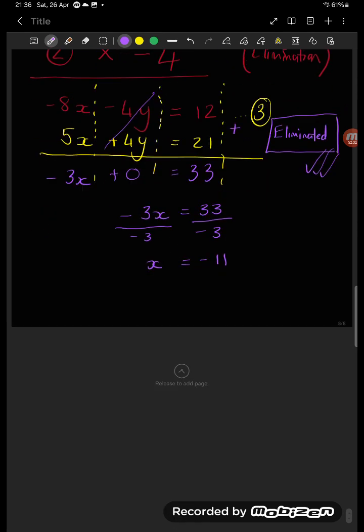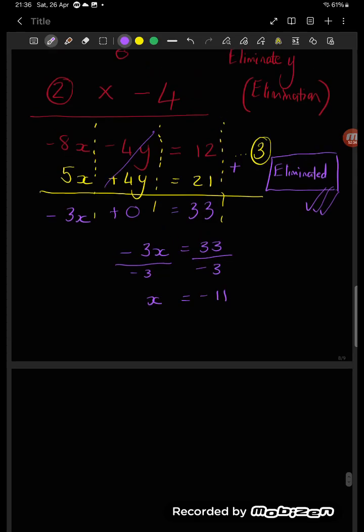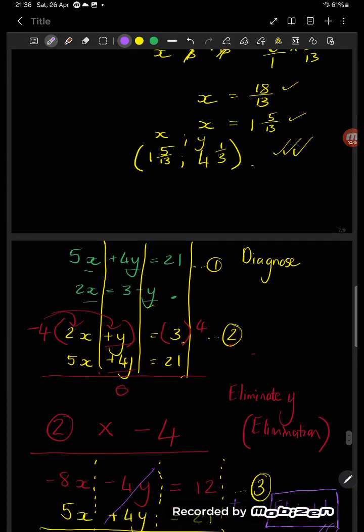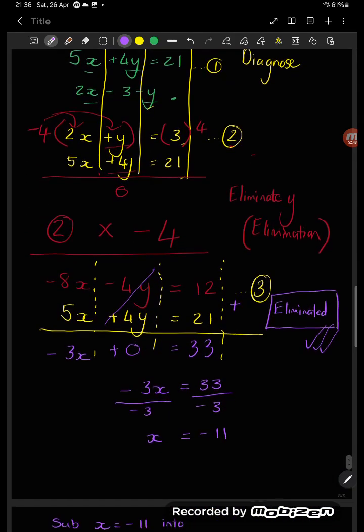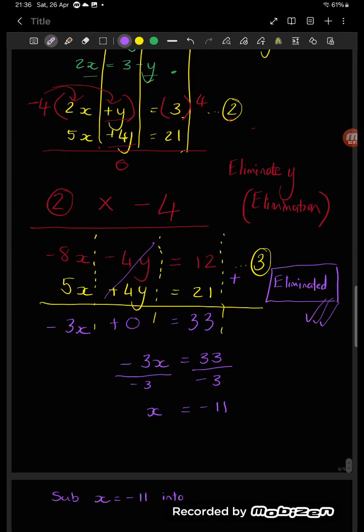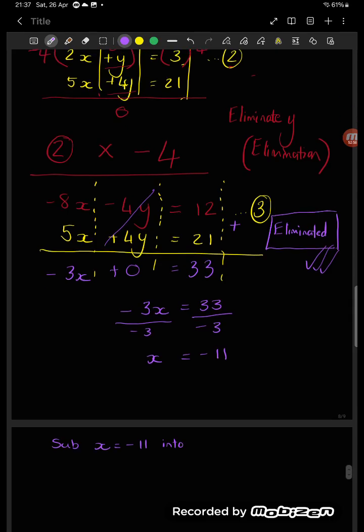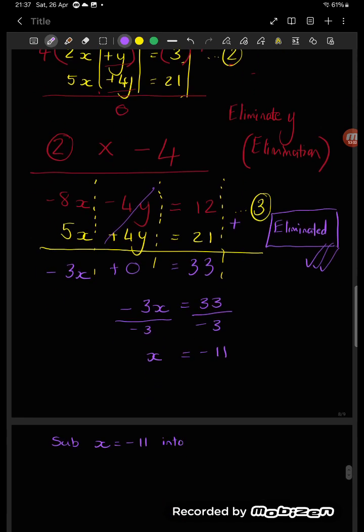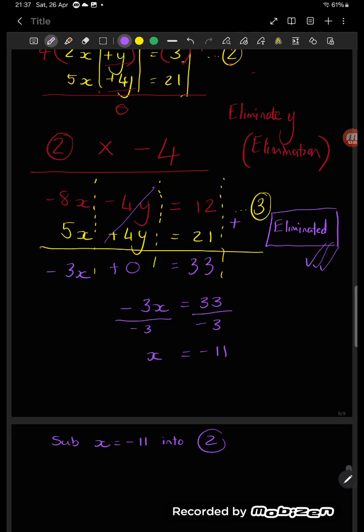Okay, so x is minus 11. Let's put that in. So we're going to substitute x is equal to minus 11 into, and we can choose whatever we want. Let's put it into 2x plus y equals 3. That looks the easiest. So that can be number 2.